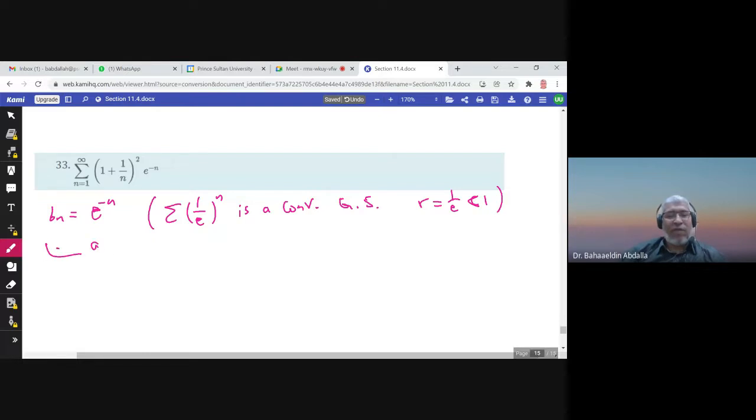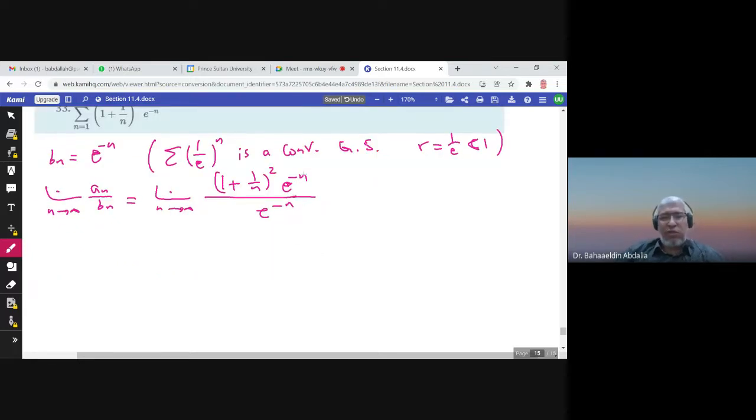And if I take the limit of an over bn when n approaches infinity, this is an, over bn.